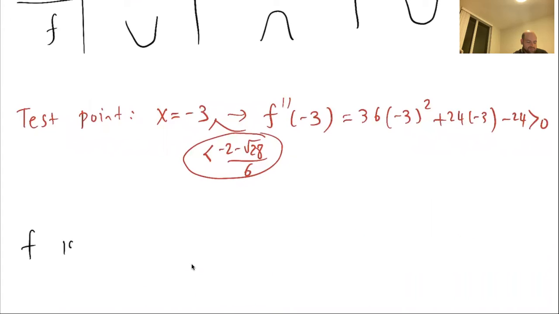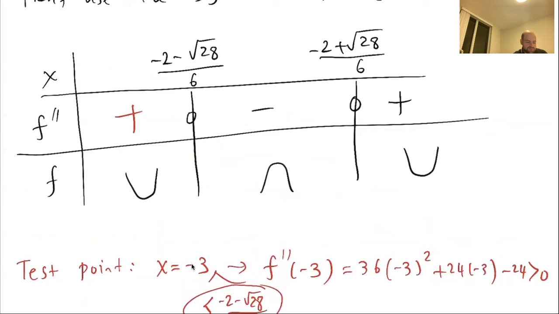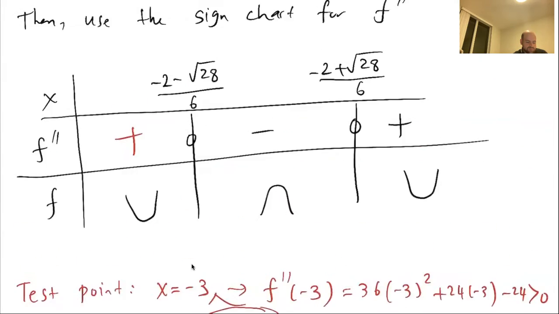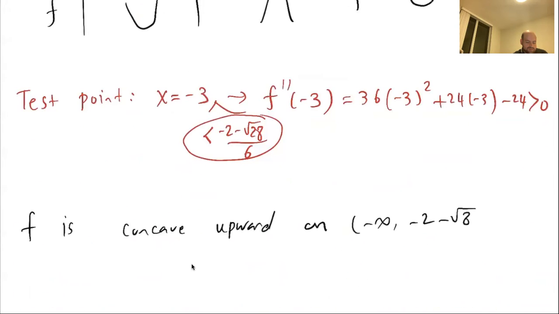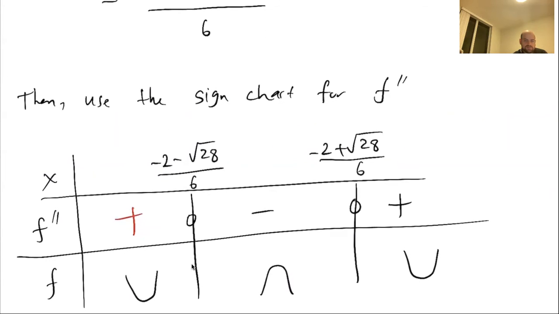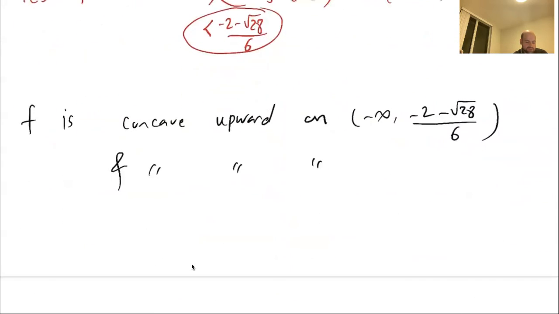So f is concave upward on which intervals? Before this number, minus infinity to -2 minus root 28 over 6, and concave upward after this root, -2 plus root 28 over 6 to infinity.